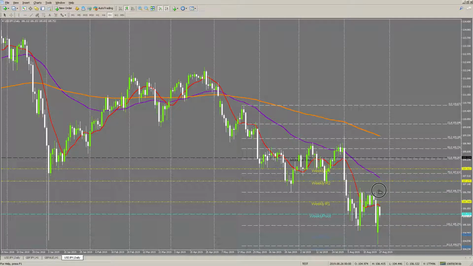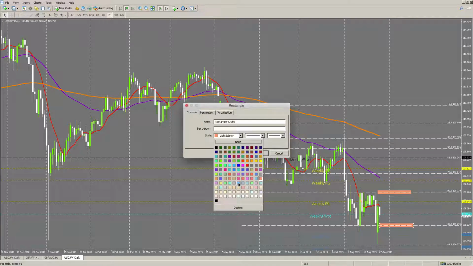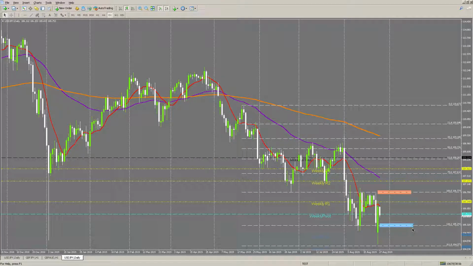It's our key resistance level here. And after climbing back up above this swing low where it fell through, this will be our key support level. So shade this to light blue here, to signify our support.